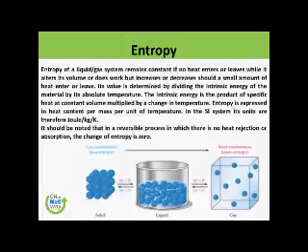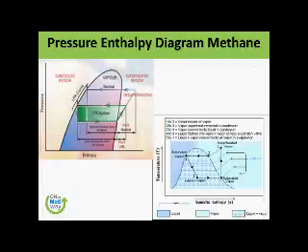This is a pressure enthalpy diagram. Earlier on we have seen the temperature and enthalpy diagram. Now we have pressure on one side and the temperature on one side. If you watch this very carefully, folks, there are three different states.